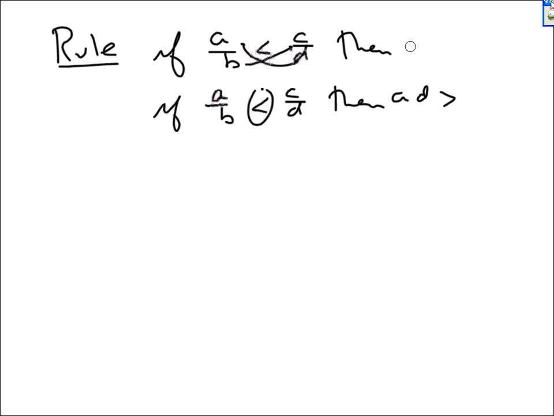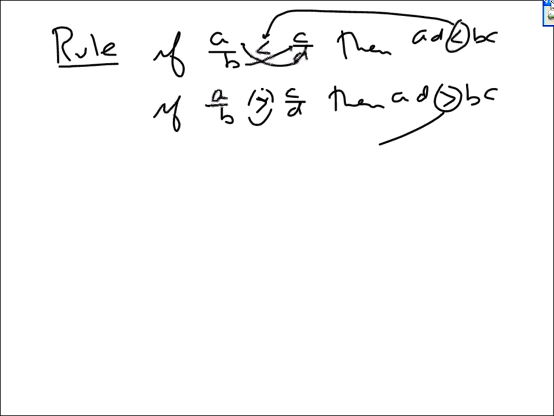I think I said it right, I just wrote it wrong. AD is bigger than BC. That is, you cross multiply. Whatever symbol goes here should go there. If greater than goes here, then it goes here.